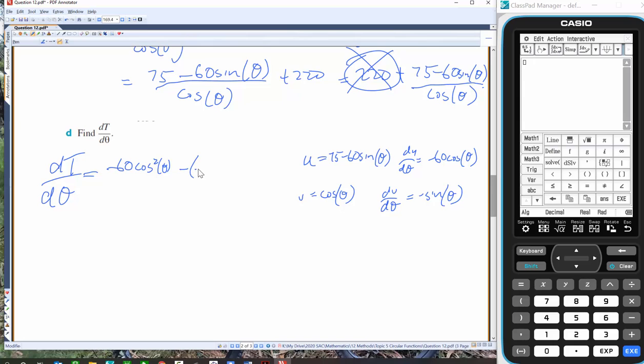Let's go negative sine θ multiplied by 75 take away 60 sine θ all over v squared, which is cosine θ all squared. Let's tidy this up a bit. So a negative multiplied by a negative is a positive. So negative 60 cosine θ all squared.